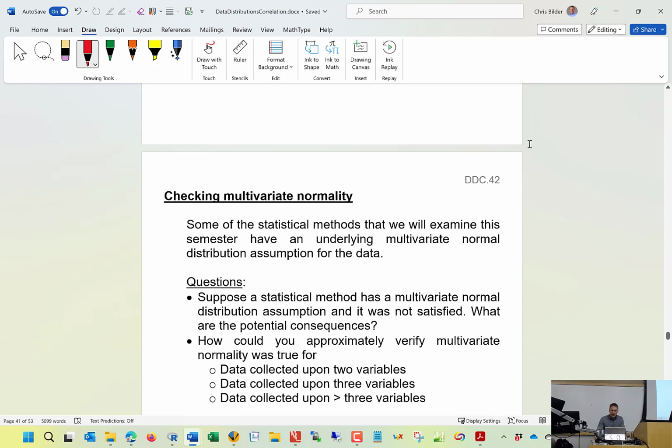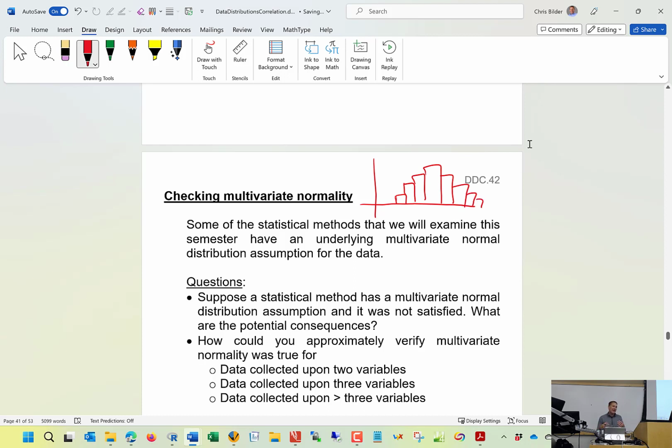Now, in your first stat course, or at least in a Stat 801 kind of course, if you took a univariate sample and wanted to check whether it looks like it comes from a normal distribution, what would you do? You would make a little histogram and look at whether it looks mound-shaped and symmetric.